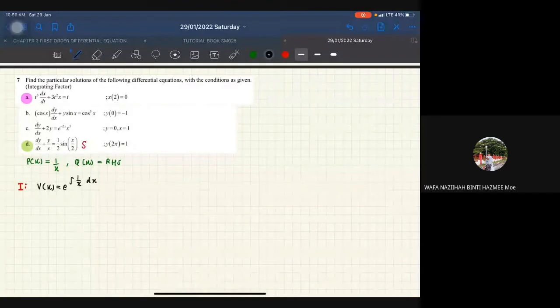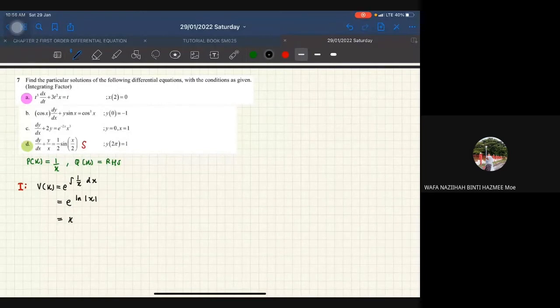Integration of 1 over x, you will get ln x. So e to the power of ln x. Okay, so this one kita boleh cancel out kan exponential dengan ln, so you just get x over that. Okay, kita number 7D. So dapat x sahaja. Okay, so kita dah settle I.